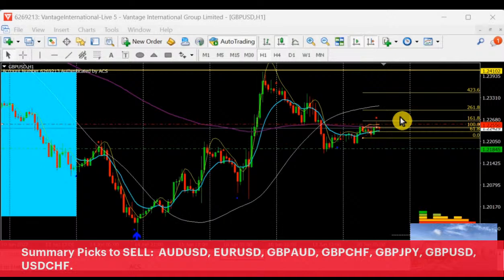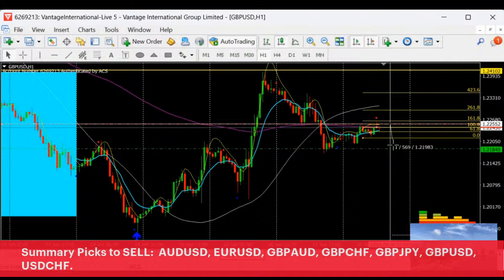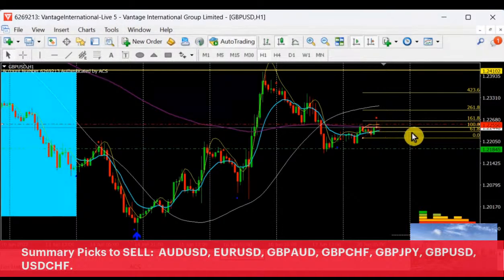Right now it is hovering around this whole area. In this whole range we have about 70 pips. Either way, if you are going to sell, be very careful, because as we can see, there are higher lows, which is a higher support over here, which may be a buying signal for the trend.